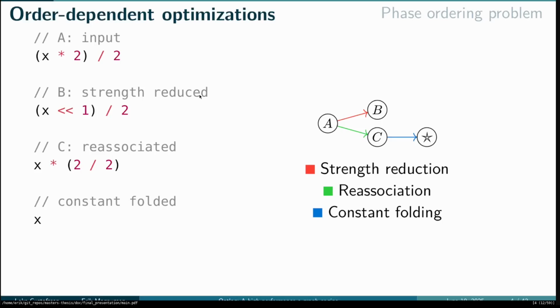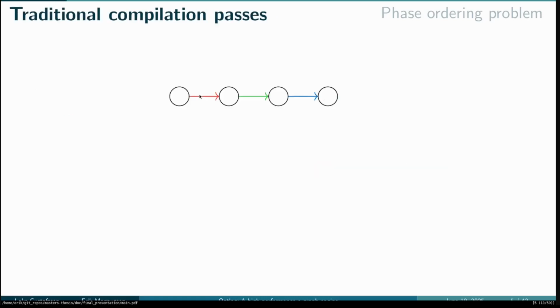So this is another complexity. It's not just having to do optimizations multiple times in some weird order, but also how do you choose what optimization to make? In a traditional compiler, which is what we have described here, we first apply this optimization, then this optimization, if possible.